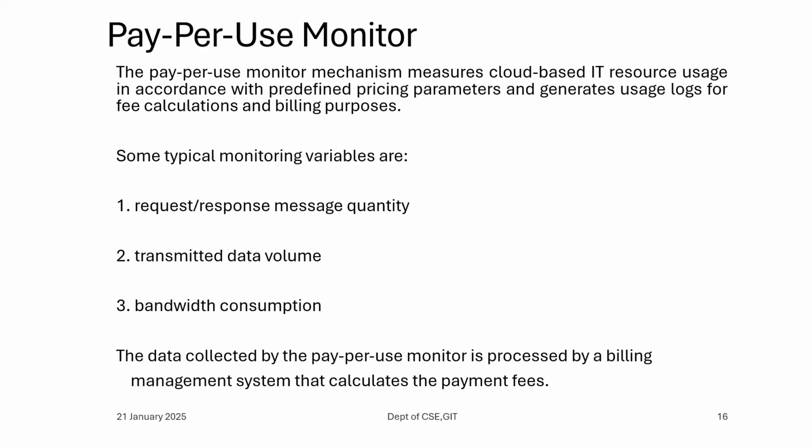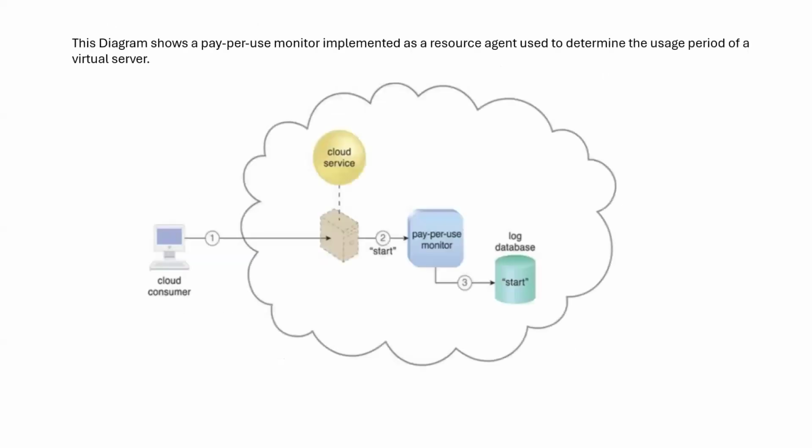And of course, they have a pay-per-use monitoring system which will monitor based on these 3 points: the message flow coming in and going out, the data volume, and the bandwidth consumed. These are the main parameters they charge on. So like this, you can see the pay-per-use monitor.